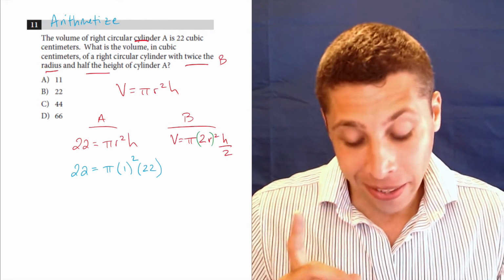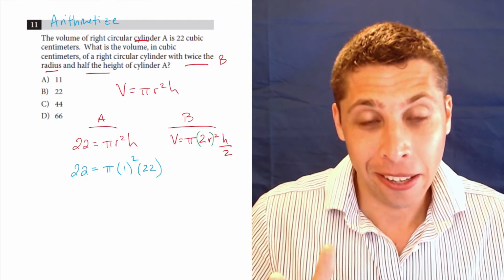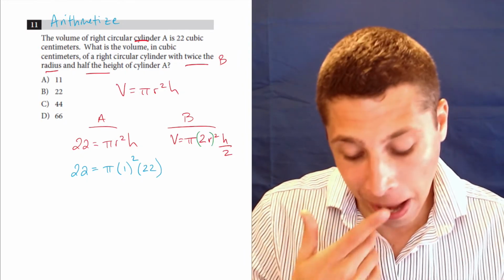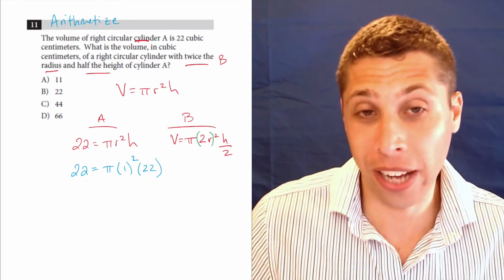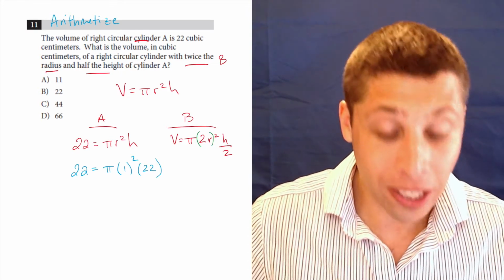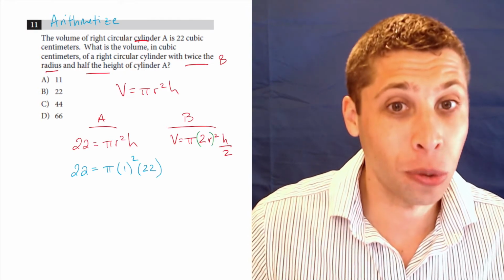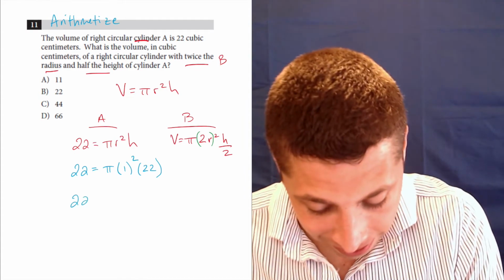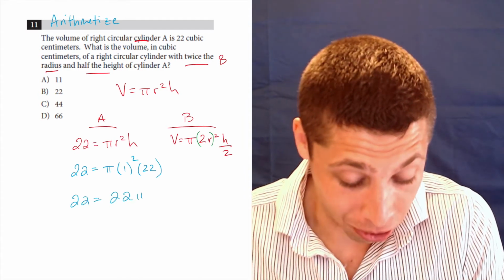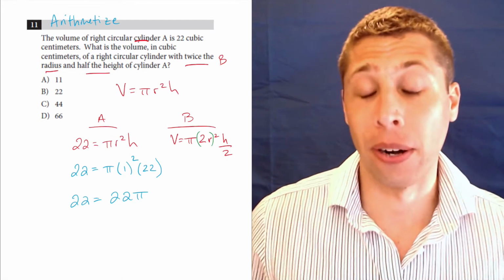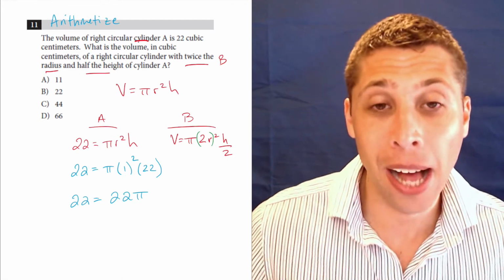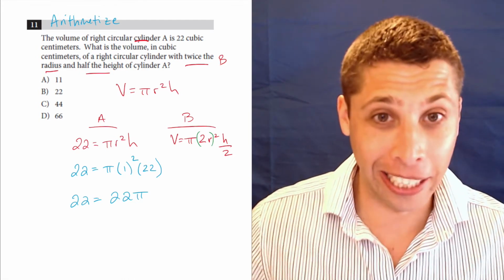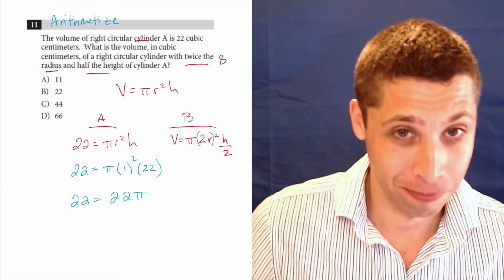However, I did something that isn't really mathematically okay, because what I wrote here is not true. 22 times 1 squared times pi is not equal to 22, right? It's equal to 22 pi, and pi is a number, 3.14, blah, blah, blah. So technically, I do not have a true equation here.